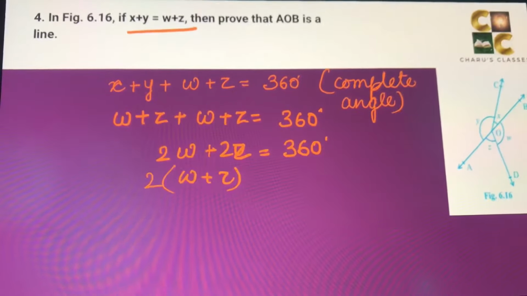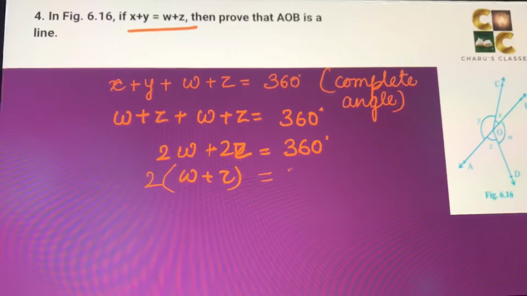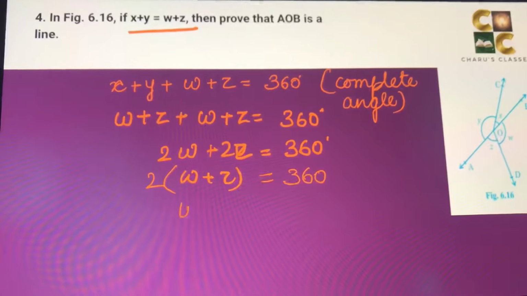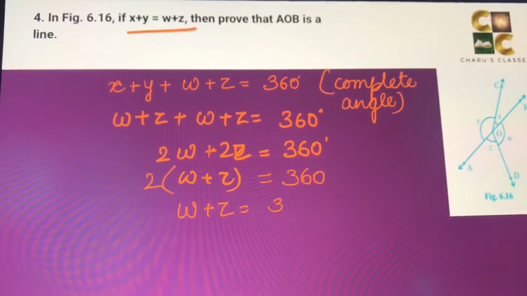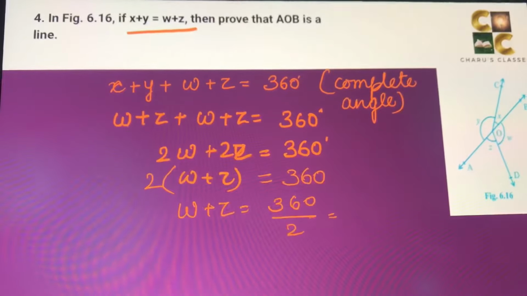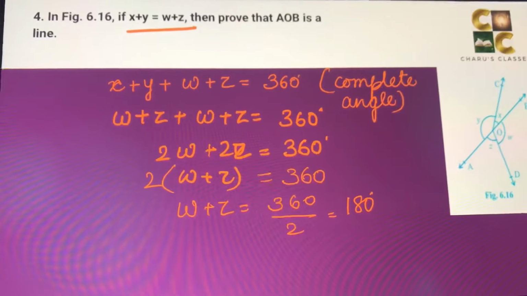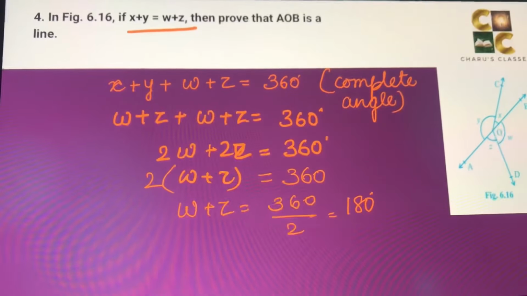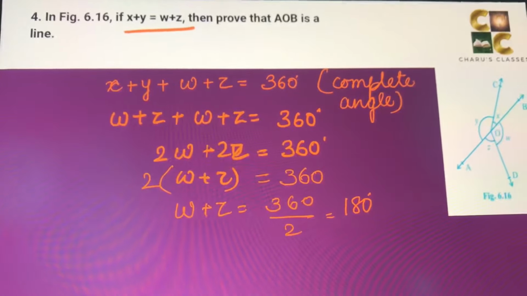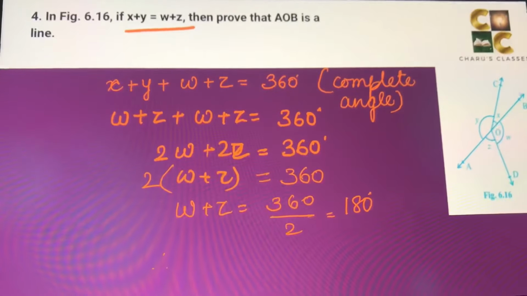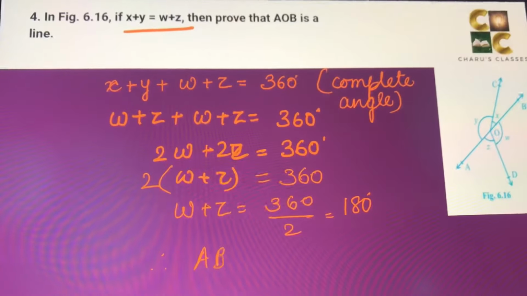We can take 2 common and then write w plus z is equal to 360 divided by 2, which is 180 degrees. So on the same side, if you look at the line AB, we have already proved that w plus z is 180 degrees. Therefore, AB is a line.